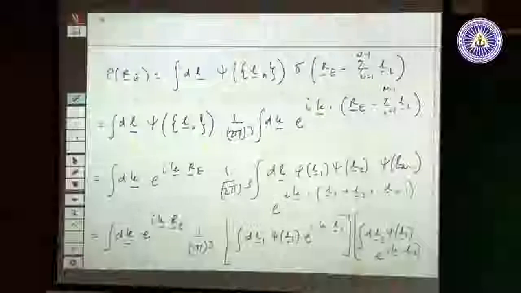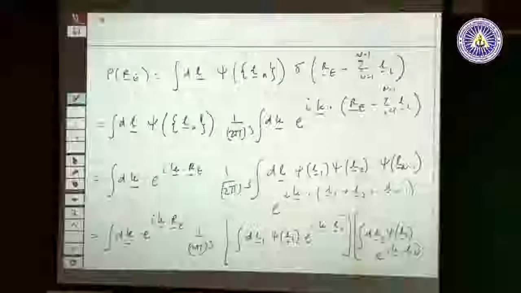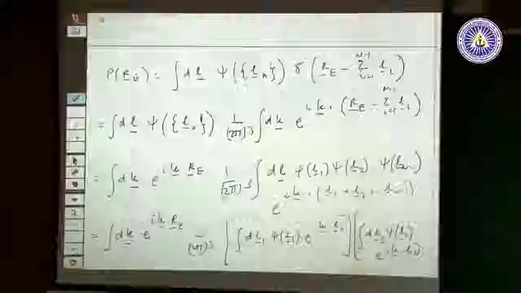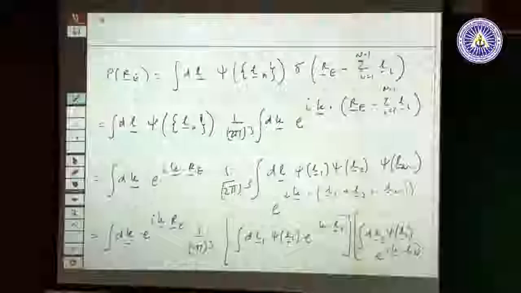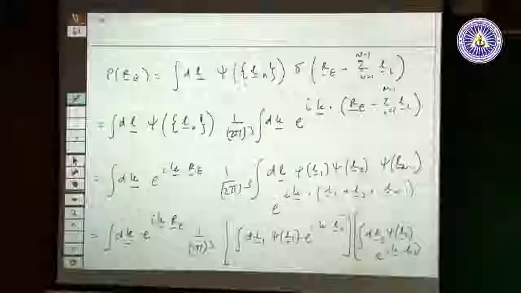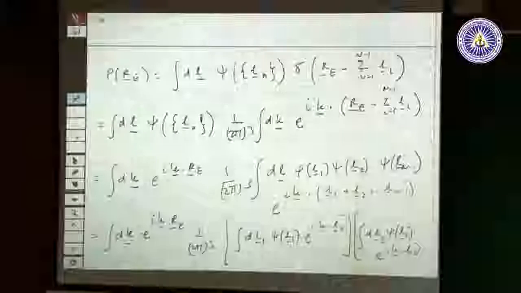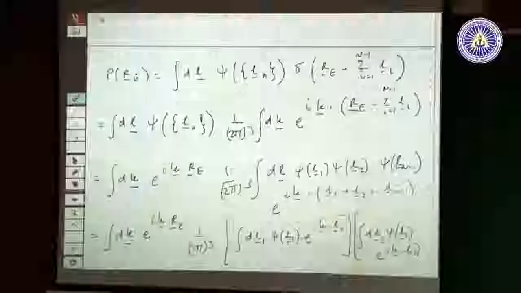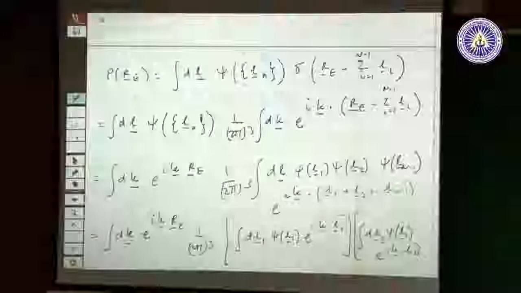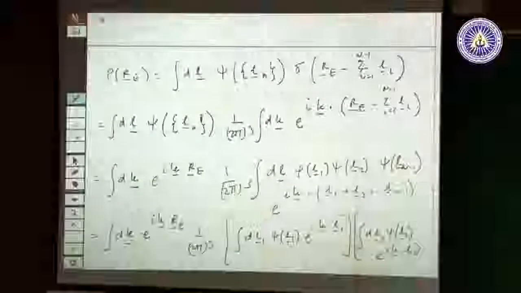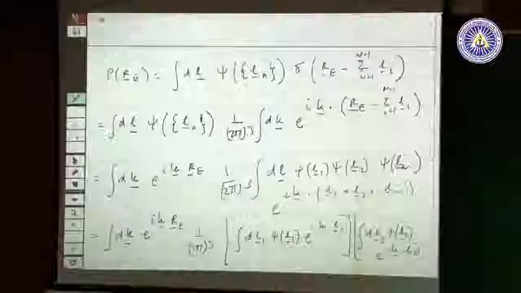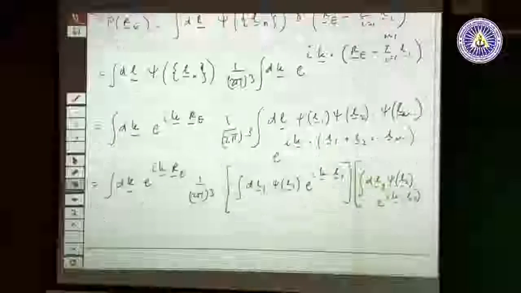And what is this? It is the integral of e^(ik·L) multiplied by the distribution function. How does one represent that? It is nothing but the average: a property multiplied by the distribution function integrated over all variables is nothing but the average. So, what do I get here?